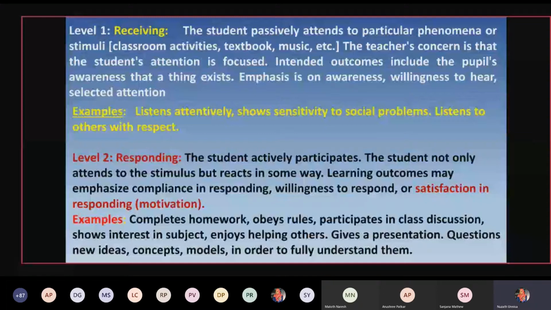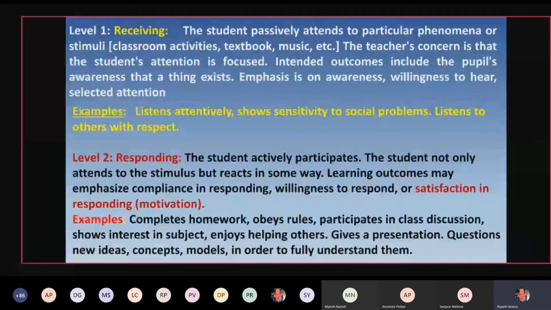This can be observed when students complete their homework, obey rules, participate actively in discussions, show interest in the subject, help others and enjoy helping others, and give presentations. This is a motivation phase for our students.